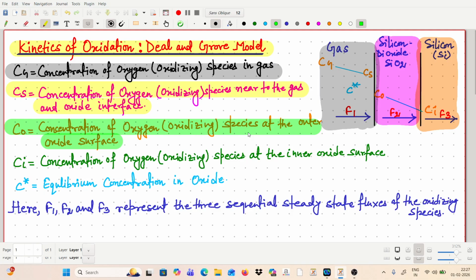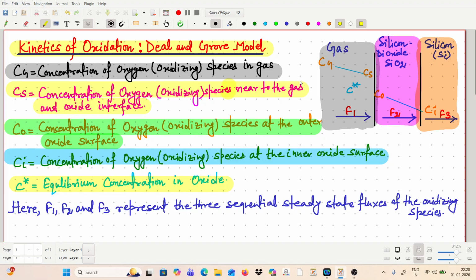The final one is Ci. This Ci denotes the concentration of the oxidizing species at the inner oxide surface, and C star is the equilibrium concentration of the oxide. So these are the five things: Cg, Cs, C star, C naught, and Ci.